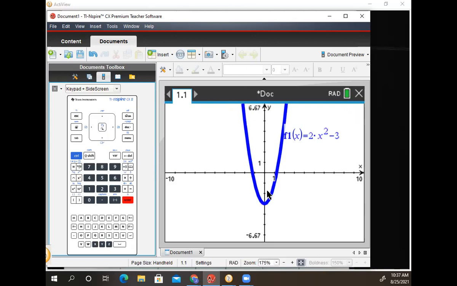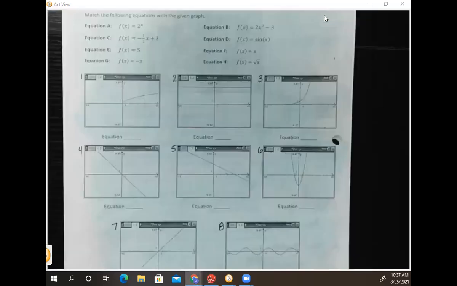This time I've got this sort of U shape. Which of my graphs seems to match that equation? Graph 6, yep, right here, has that U shape. So under 6, I'm going to put equation B.